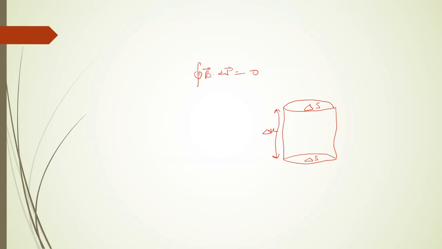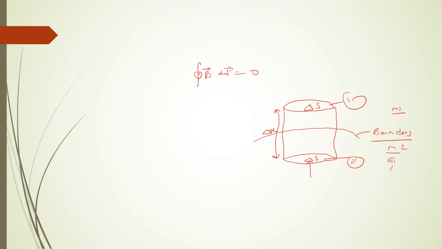Now if we draw a boundary here, this is the first cap and this is the second cap. Below this boundary is medium 2, above this boundary is medium 1.